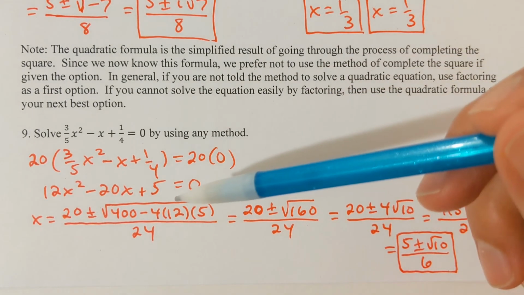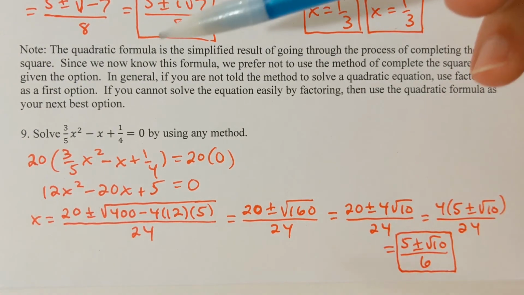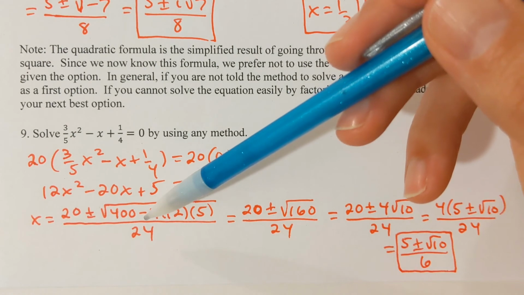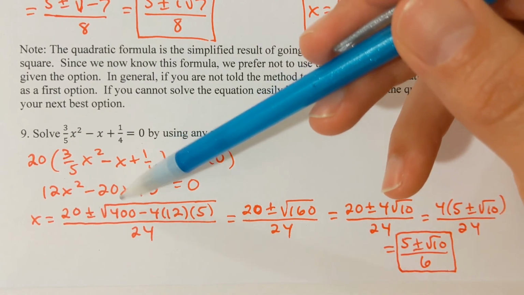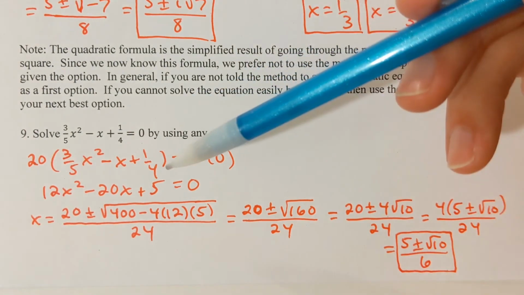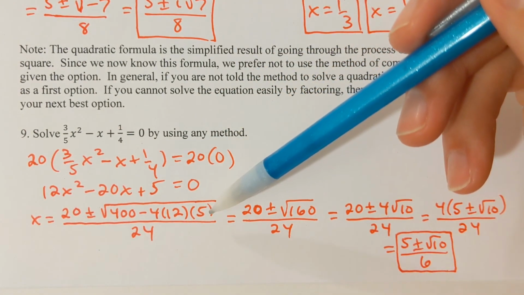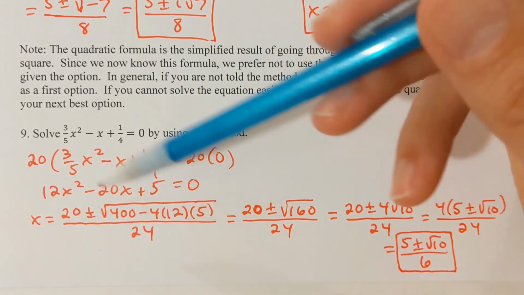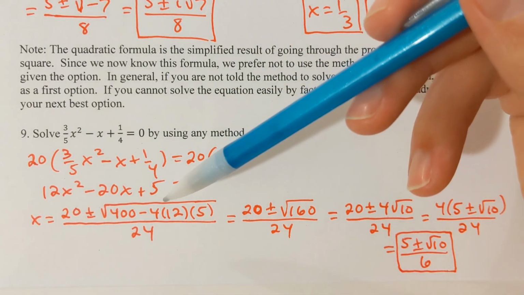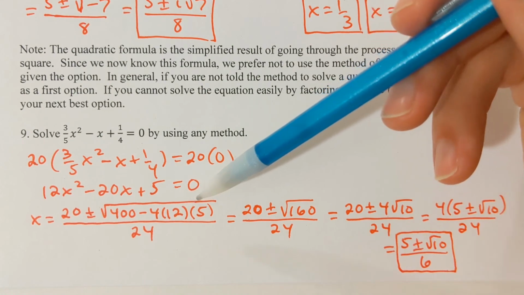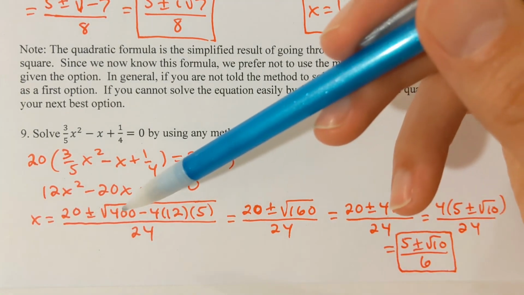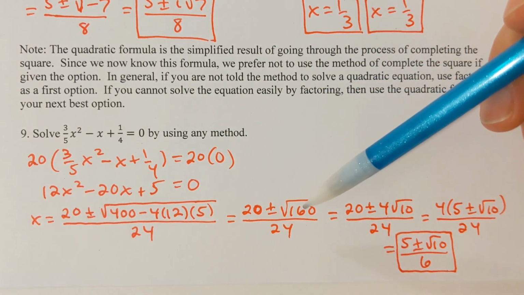Okay, so let's use the quadratic formula here. We want the opposite of b, that's 20, plus or minus the square root of b squared, negative 20 squared is 400, minus 4 times a, which is 12, times c, which is 5, and this is all over 2a. 2 times 12 is 24. 4 times 12 times 5 would be 240. 400 minus 240 is 160.